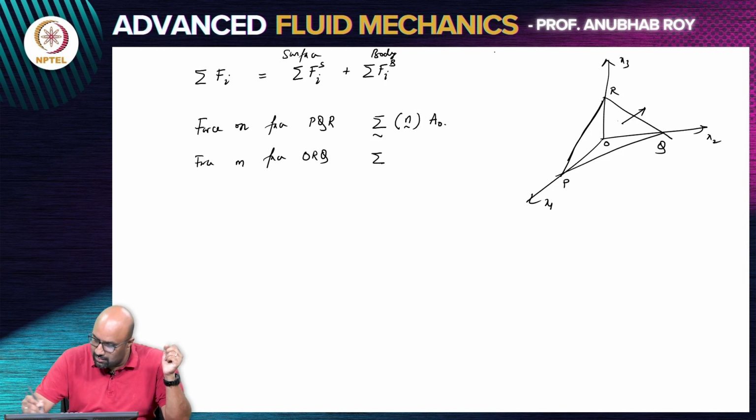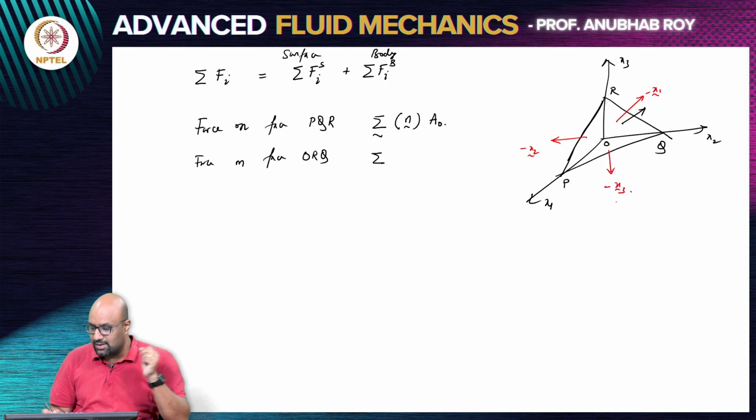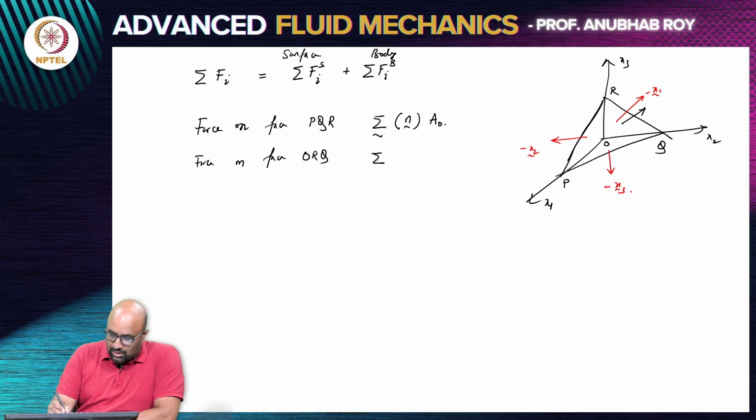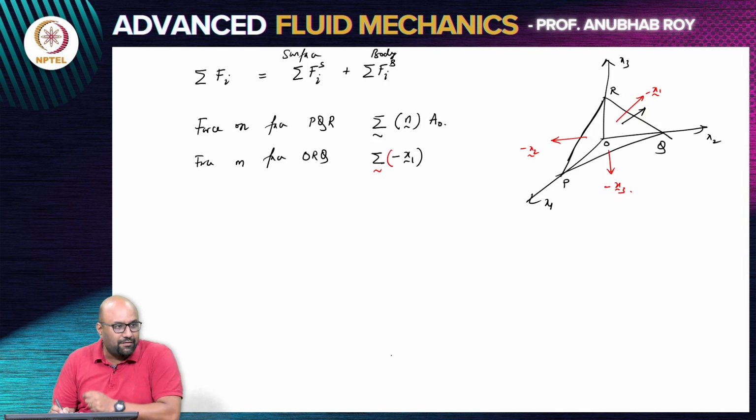To remind you again, this is a normal that is minus x1, this is a normal that is minus x2, and this is a unit normal that is along minus x3. So the force on face ORQ would be sigma minus x1, because that's the normal. The normal on ORQ is pointing in the negative x1 direction, multiplied by area, which is A1.